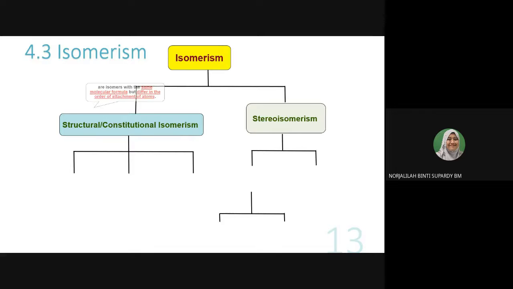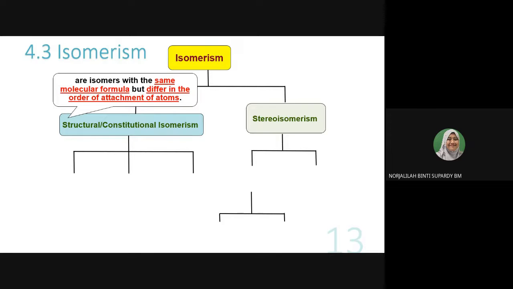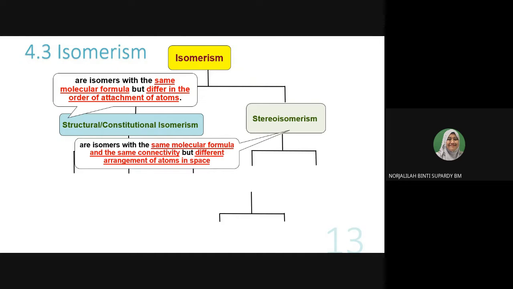So constitutional isomers are the isomers that have the same molecular formula, but different in the order of attachment of atoms. How the atoms are bonded to each other. Okay, so that is the structural isomer.